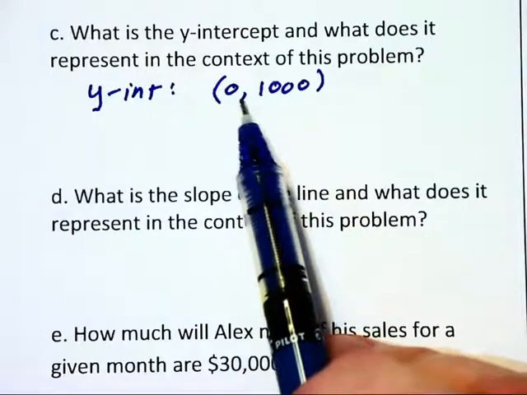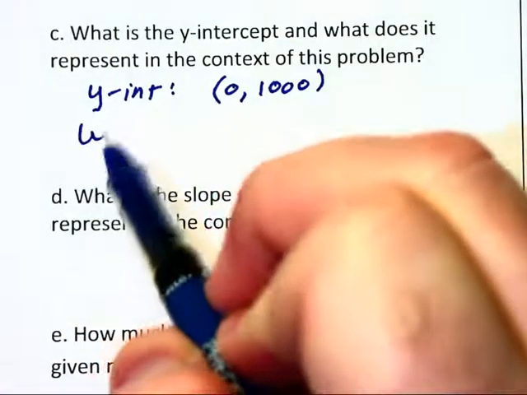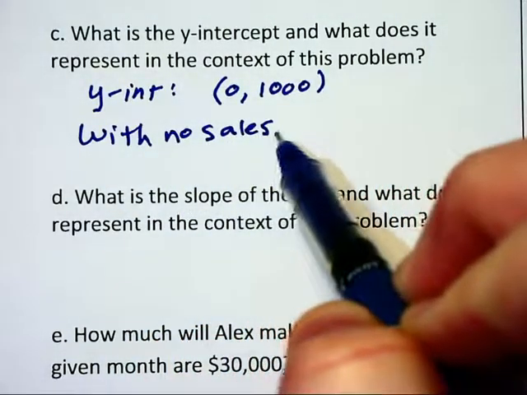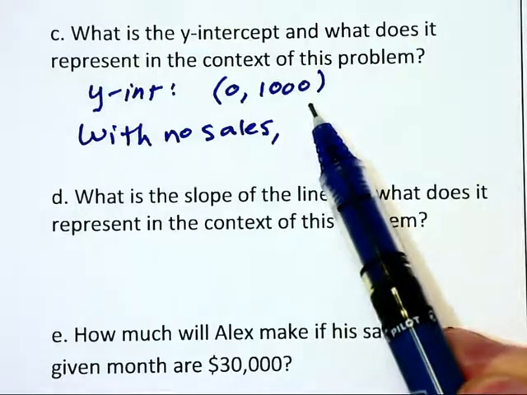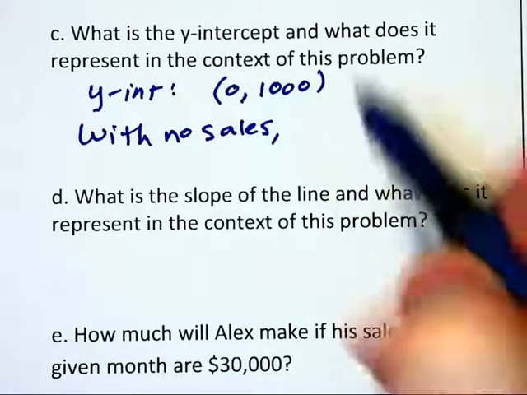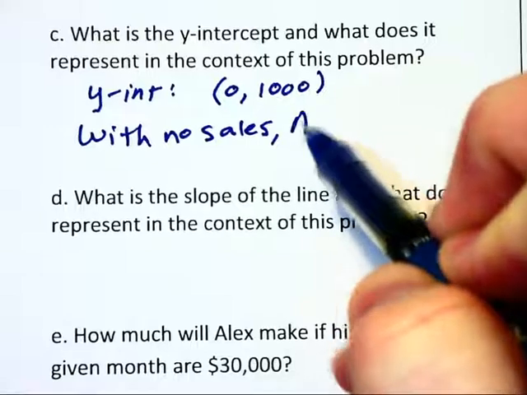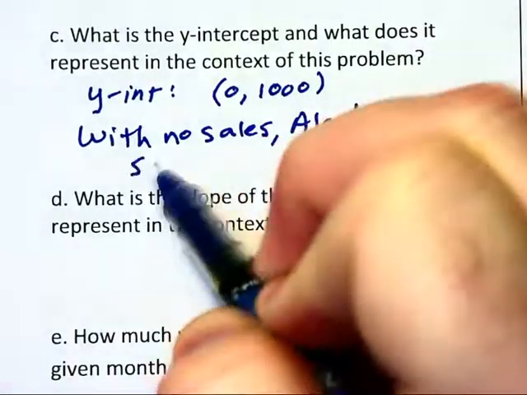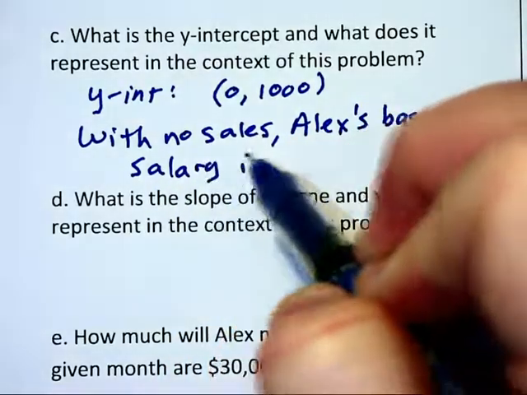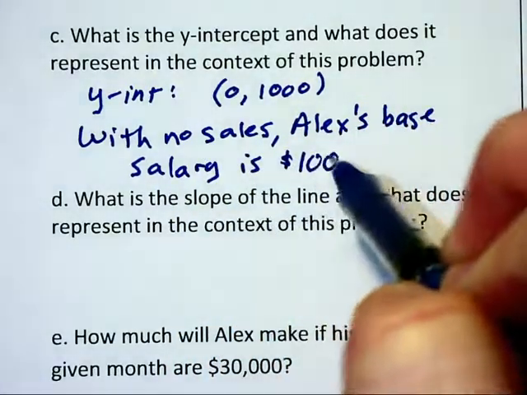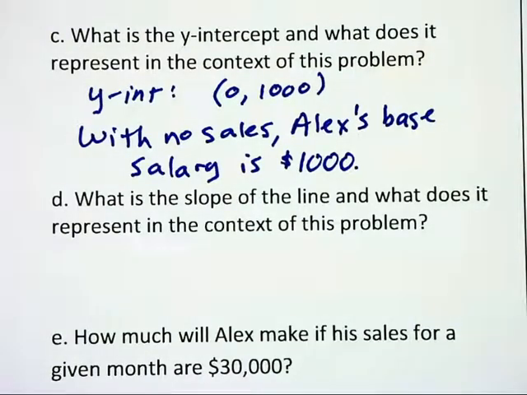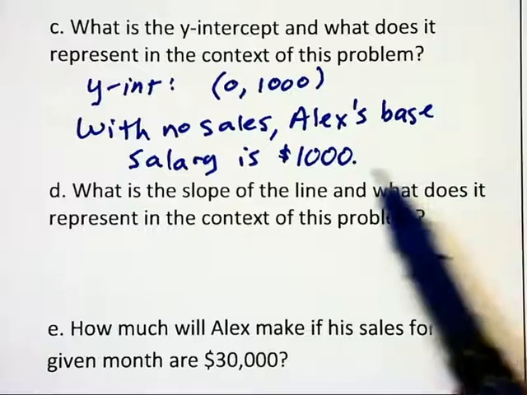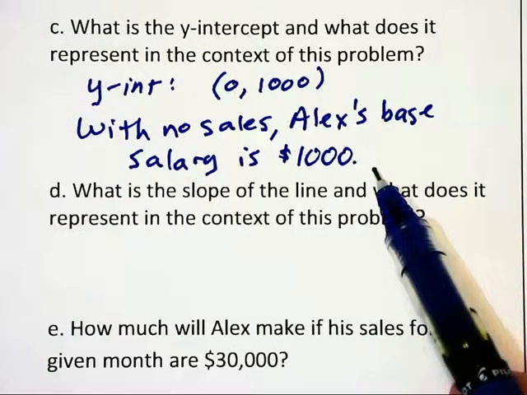That 0 refers to no sales. So I'm going to say with no sales, basically, that means that Alex is going to earn 1,000. So I'm going to say Alex's base salary is $1,000. Which is something that was already given to us within the problem, but we wanted to specify that because that's what the directions are asking.